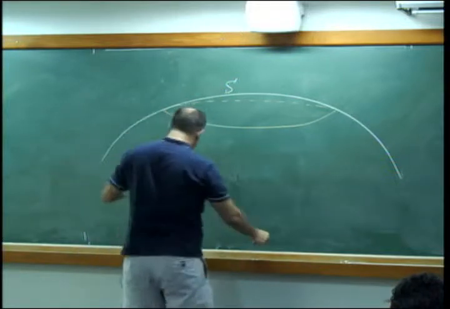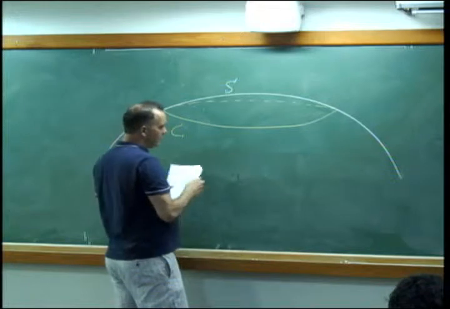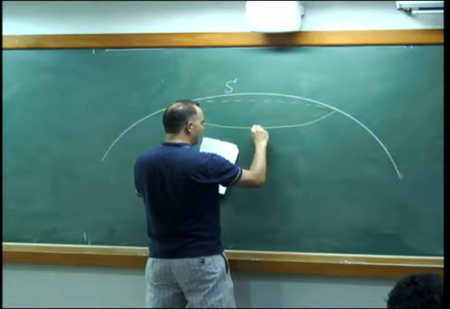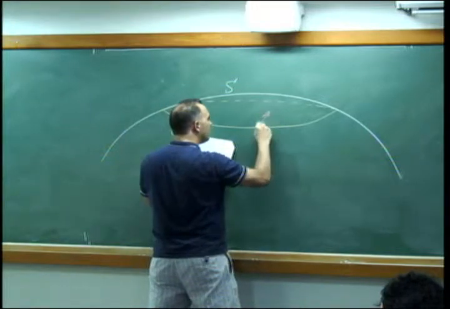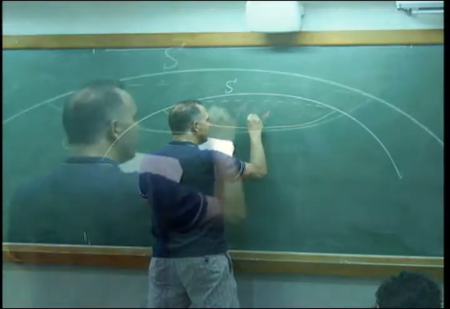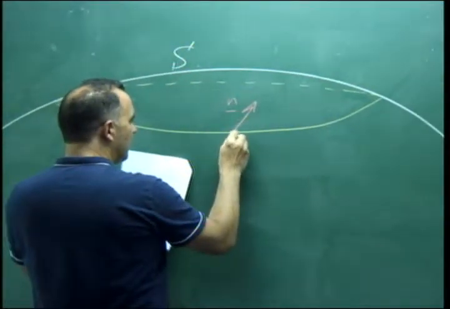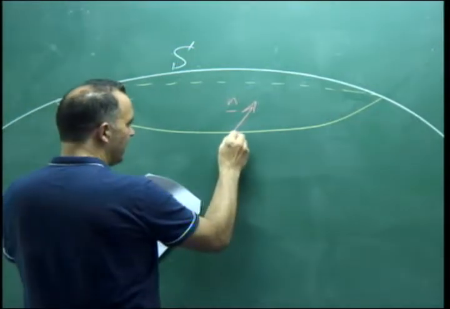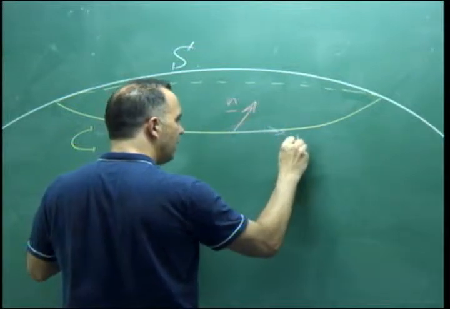Okay? And we can define three unit vectors on the surface, one of which, n, is normal to the surface and to the curve C. Then we're going to have something which is tangent to both the surface and the curve C. We'll call that m.